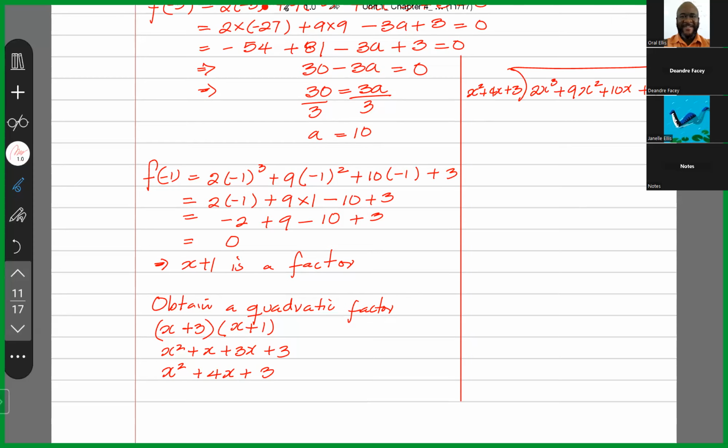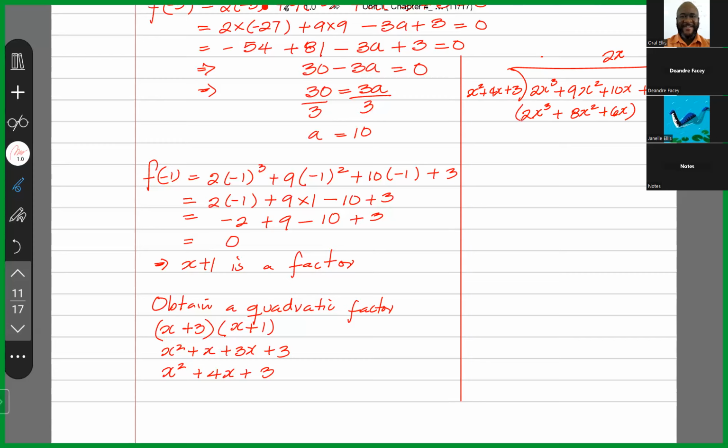We're going to say x squared into 2x cubed, and that is 2x. Then we're going to multiply everything in the divisor by 2x. 2x times x squared is 2x cubed. 2x times 4x is 8x squared. 2x times 3 is 6x.